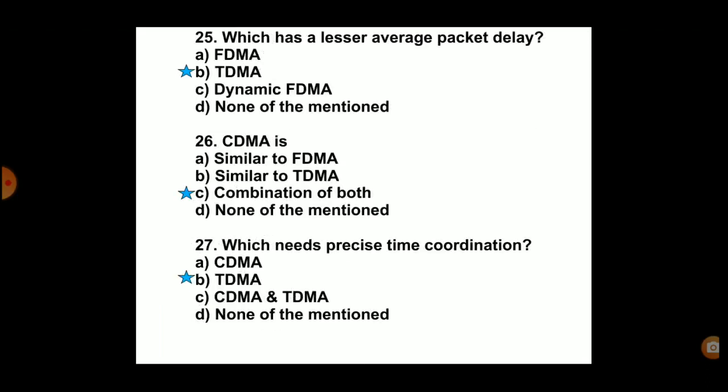Next question, which has lesser average packet delay? FDMA, TDMA, dynamic FDMA, none of the mentioned. Correct answer is TDMA. CDMA is, options are similar to FDMA, similar to TDMA, combination of both, none of the above.